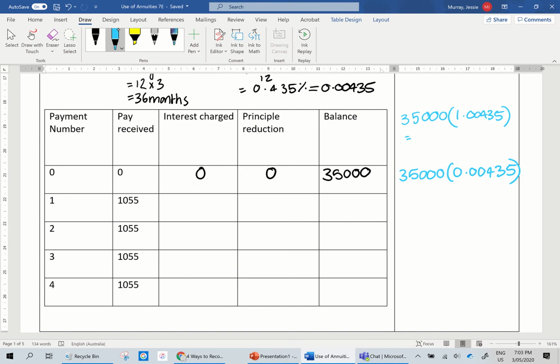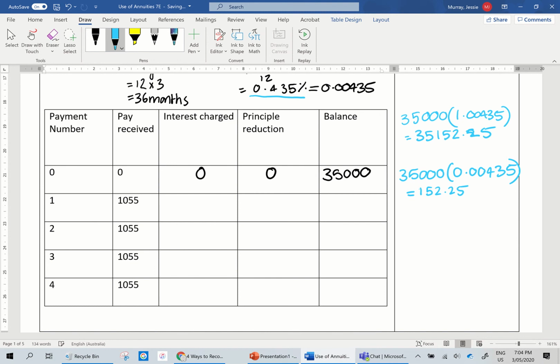So your answer here, well, let me do this bottom one first. If I just do 0.00435, that's going to find 0.435% of 35,000. And if you put that in your calculator, you get 152.25. If I put this top one in my calculator with 1 point, it would actually give me the answer 35,152.25.